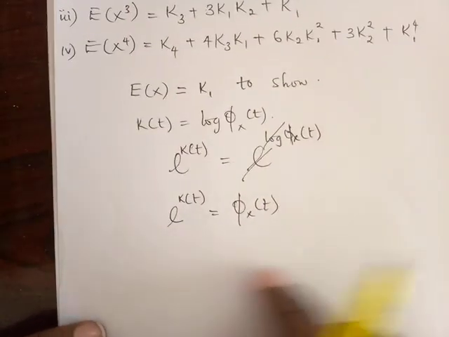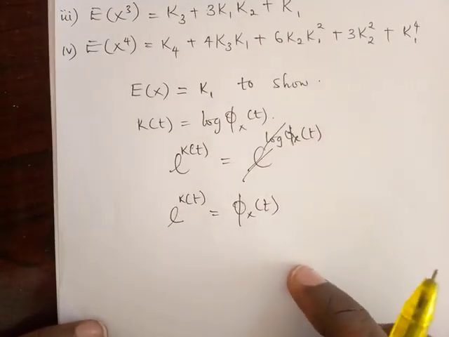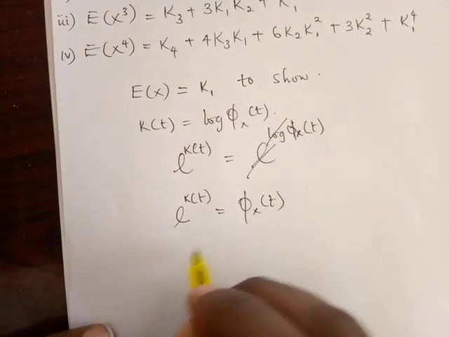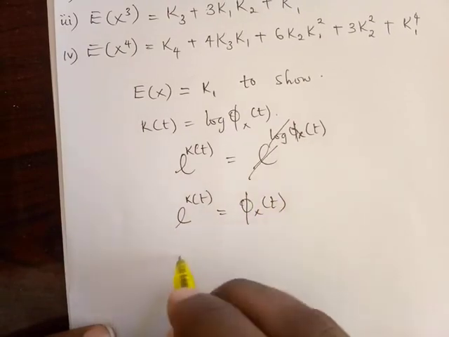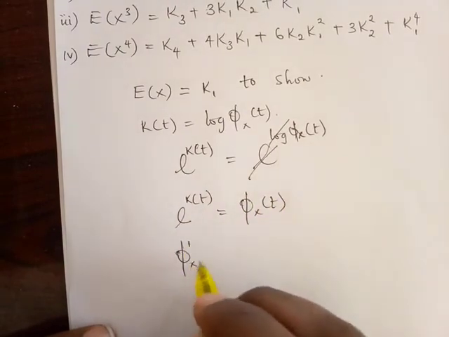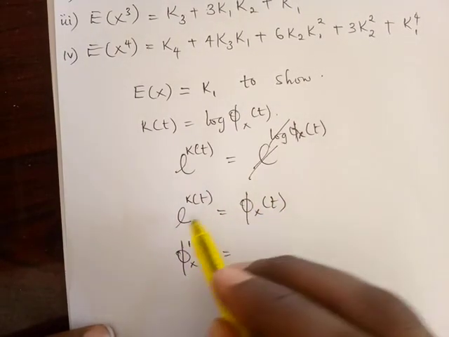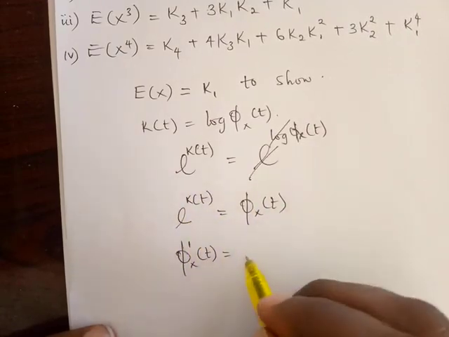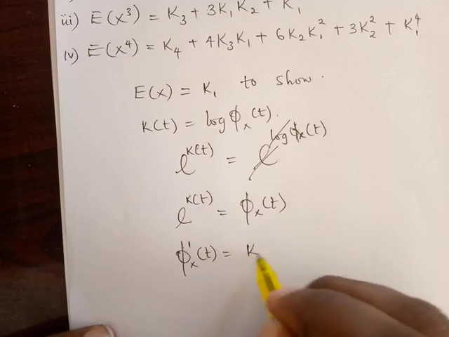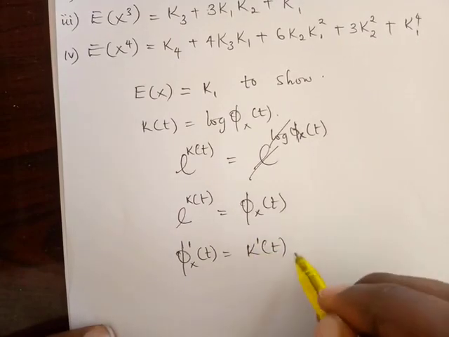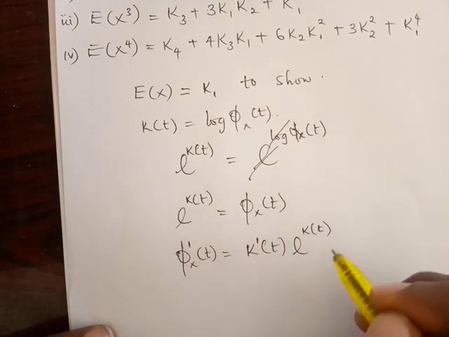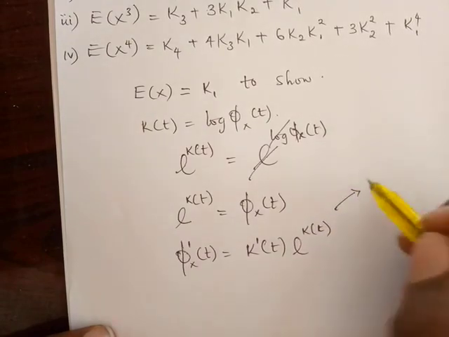All right, so let me bring this up and try to apply our differentiation. If I differentiate this, I'm going to have phi prime X of t. Now, if I differentiate this using our chain rule, I'll be having K prime(t) exponential K(t). We can get this from the chain rule.